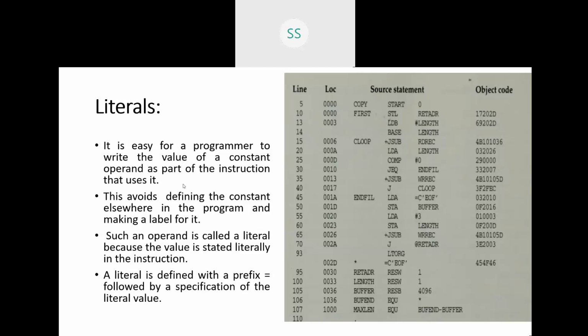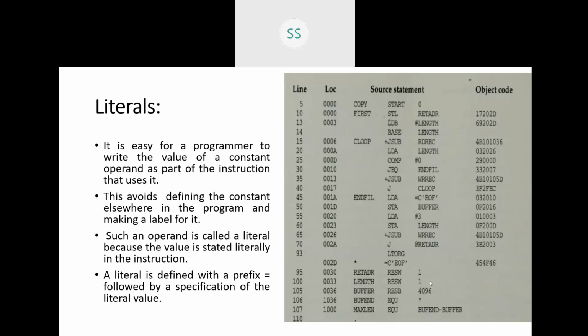uses it. So, normally for a constant value, like for example, I want to know the end of file. Okay, end of file, or constant values, normally what do I do? I used to create a separate label for it.